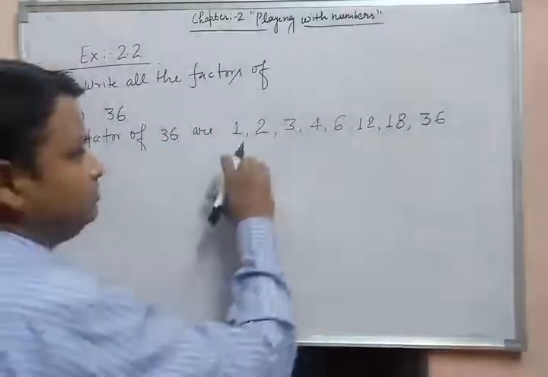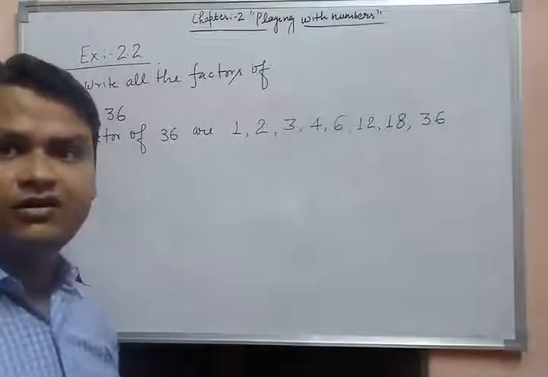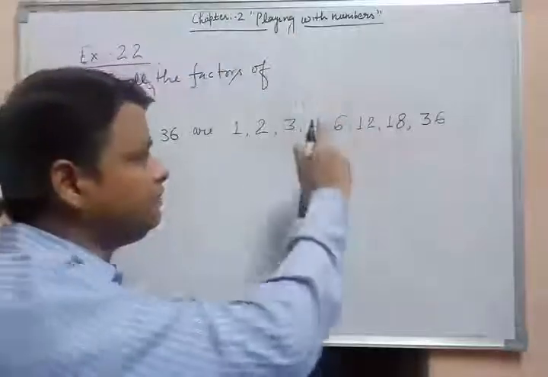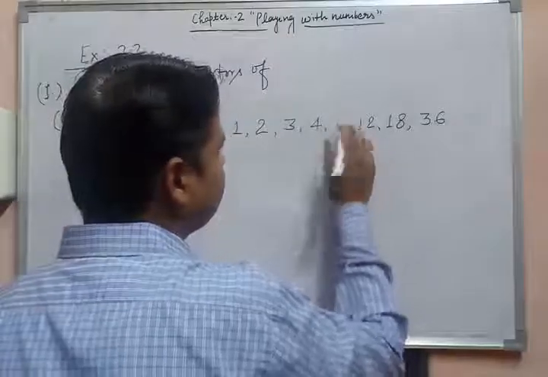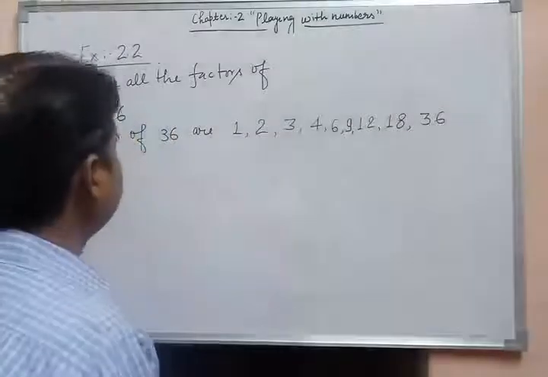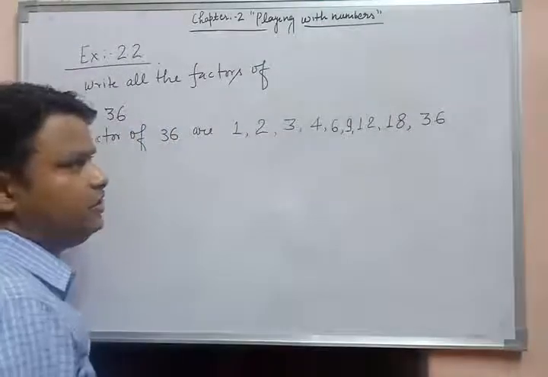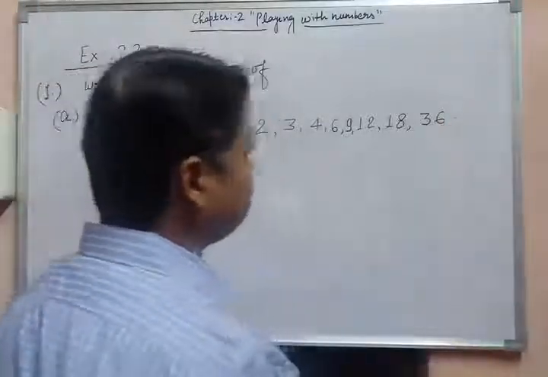So these are the factors of 36. Here one factor is missing, which is 9. 9 is also a factor of 36, because 9 times 4 is 36. So this is the answer to this question.